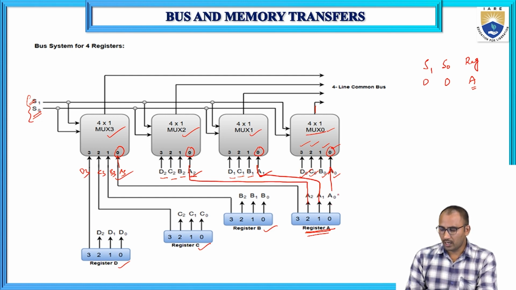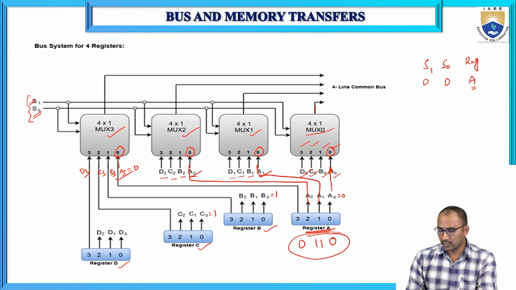Suppose A0 is equal to 0, B0 is equal to 1, C0 is equal to 1 and D0, A3 is equal to 0. Then if the selection lines S0 and S1 are equal to 0, register A is selected and the data present in register A is 0, 1, 1, 0.